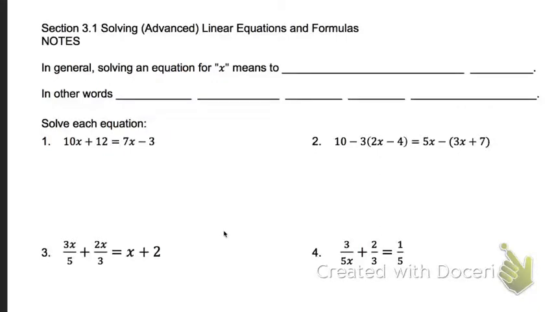All right, so for 3.1, in general, solving an equation for x means to isolate x.